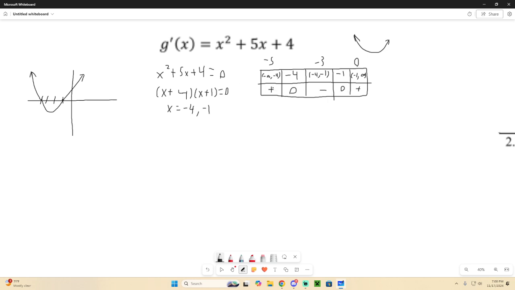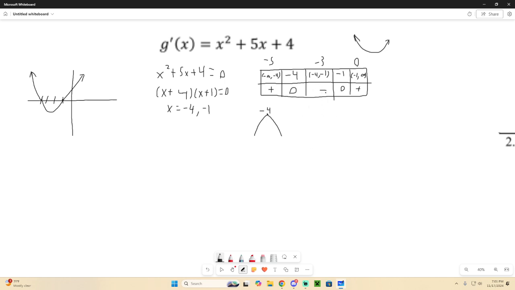Alright, now let's examine the chart. We're going from positive to our critical point, which is 0, to negative. So that means the original function is going to go from increasing to our critical point to decreasing. So this will be -4. So let's just sketch that out a bit. Alright, let's look at our next critical point, -1.